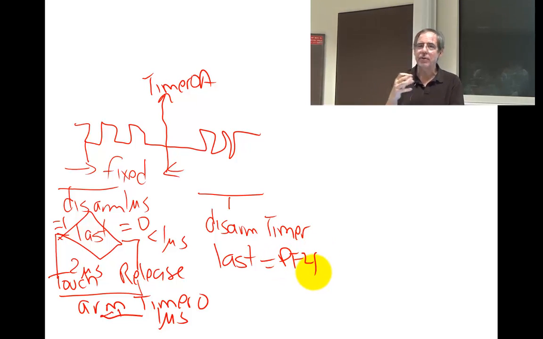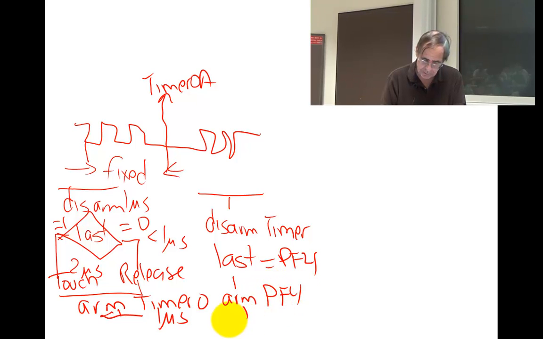That's the time when the pin is stable, and then I will rearm the PF4, the GPIO. Okay, how long does that take? Again, a microsecond or 2.